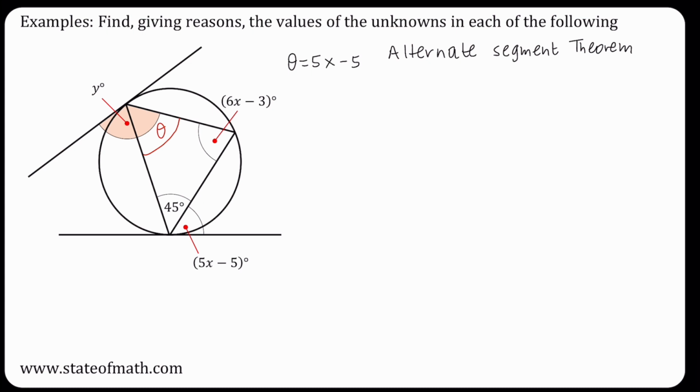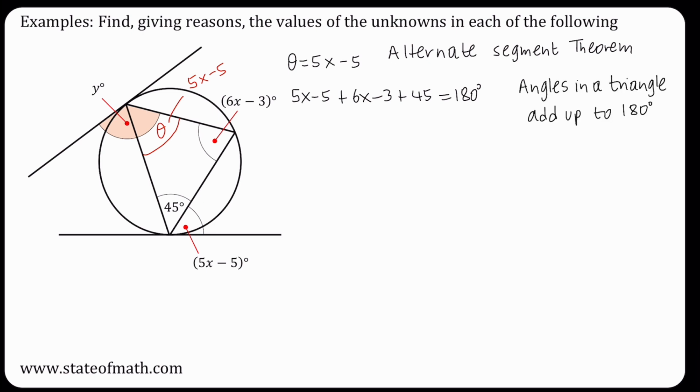Then we can simply add up these three angles here and set them equal to 180 because they are the three angles in a triangle. So we have that 5x minus 5 plus 6x minus 3 plus the 45 should be equal to 180 degrees. The reason here is that the angles in a triangle add up to 180 degrees.